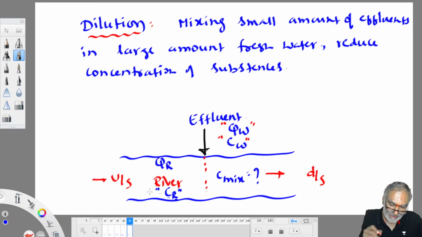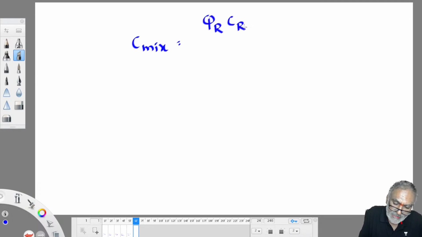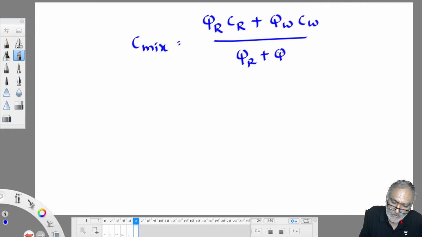One question they ask continuously in competitive exams, especially the GATE exam, is based on the mix formula. When two different solutions having two different concentrations are mixed with each other, what happens? You can write a mass balance equation, from which you can find the concentration of the mix. After mixing, concentration C mix is equal to Qr times Cr plus Qw times Cw, divided by Qr plus Qw.